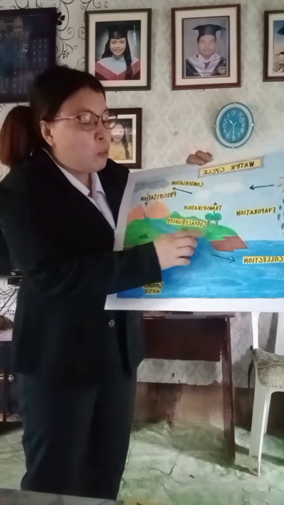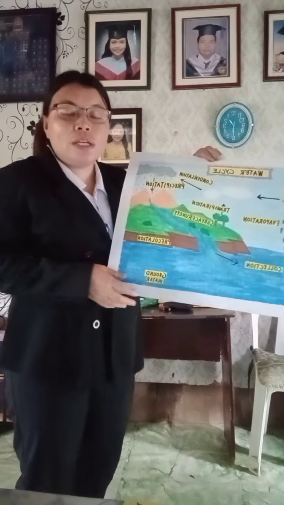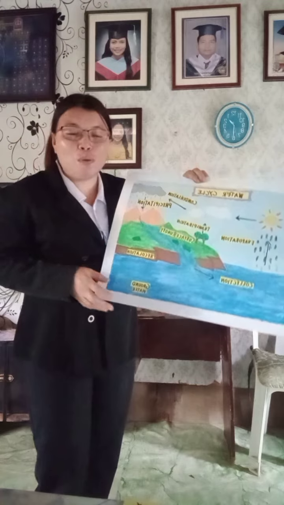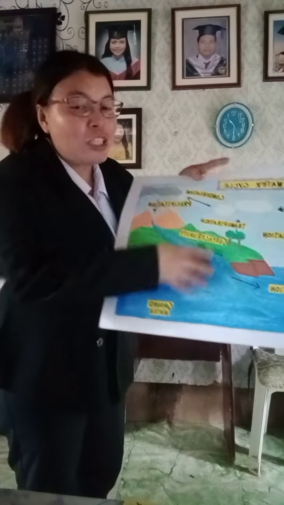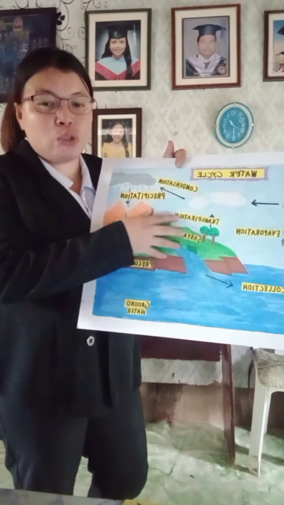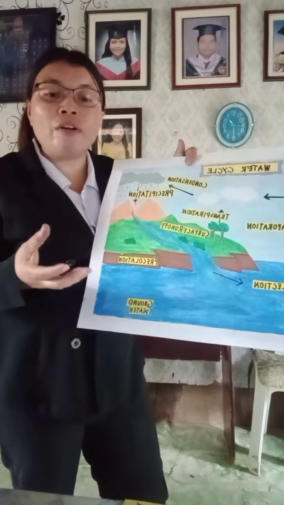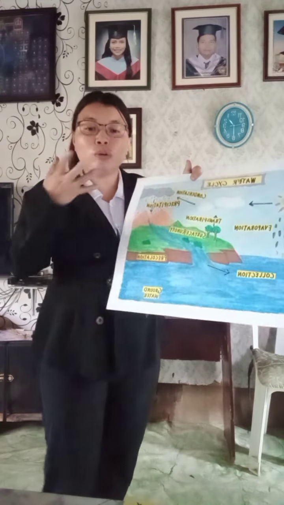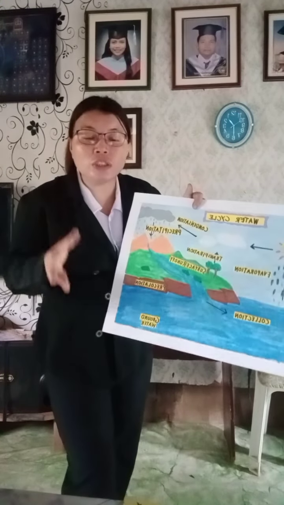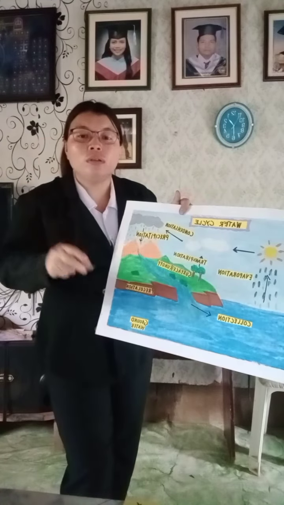Once the water reaches the leaves, some of it evaporates from the leaves, adding to the amount of water vapor in the air. Transpiration, class, is the process of evaporation through plant leaves. In large forests, an enormous amount of water will transpire through leaves. So we're back to evaporation.